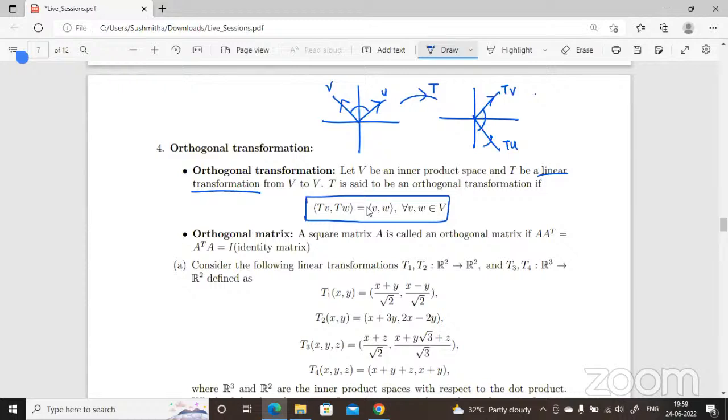Rotation is also an orthogonal transformation, but every orthogonal transformation need not be a rotation. The image that I have drawn here is a rotation. Just like how dot product is an inner product, rotation is an orthogonal transformation, but not every orthogonal transformation is a rotation.